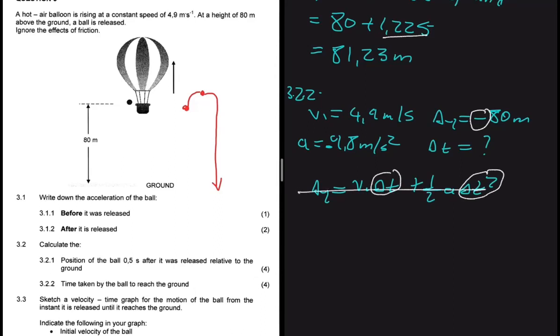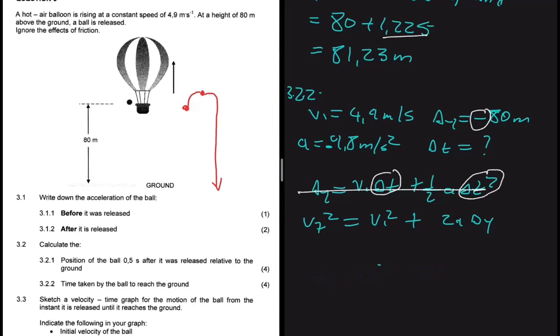And I don't want to do that. So what I'm going to do first is find Vf using Vf squared equals Vi squared plus 2a delta y. And then when I'm done with that, I'm going to use Vf equals Vi plus a delta t to find the time.